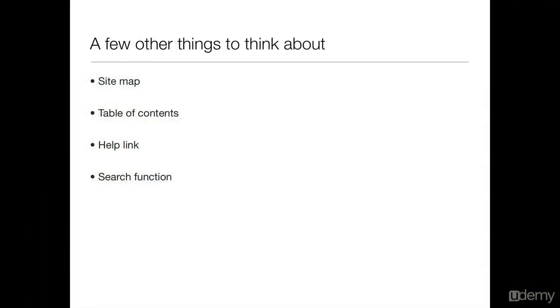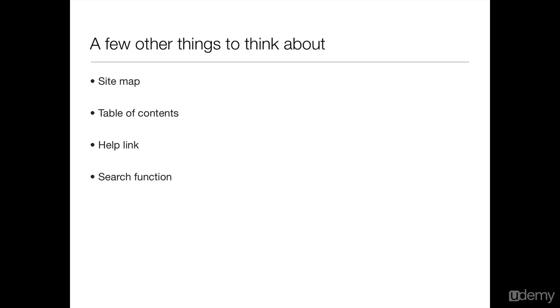And finally, just a few other things to think about for the moment. Include a sitemap for a complex site, possibly a table of contents. You might also include on the home page a help link which someone can click on to get a little bit of advice about the content and the navigation modalities.